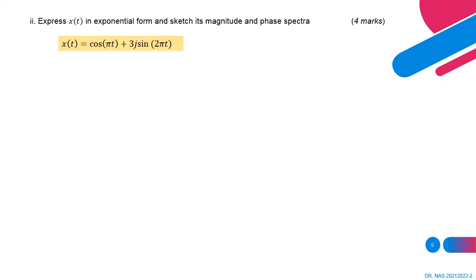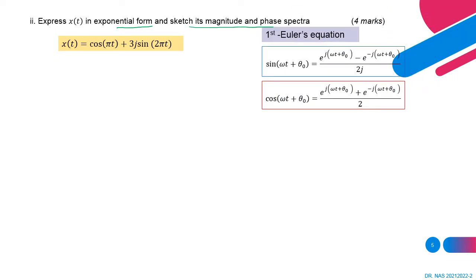Okay, secondly, you need to express the given equation in exponential form and then sketch both the magnitude and phase spectrum. In order to convert the trigonometric equation into exponential form, you need to remember Euler's equation or Euler's theorem for both the sine and cosine.